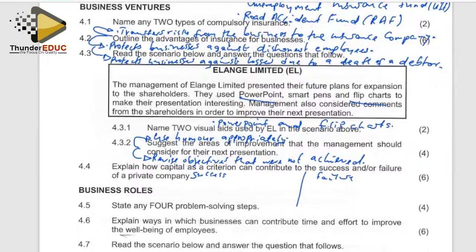Okay, right. So we are saying that on the issue of success, a large amount of capital can be raised since there is no limit on the number of shareholders.